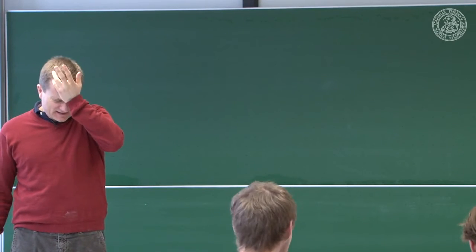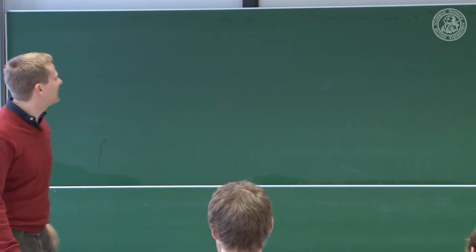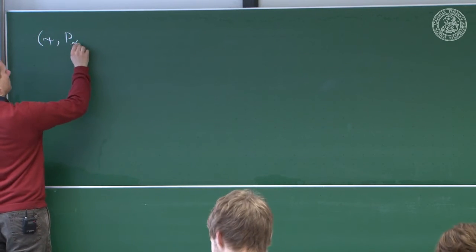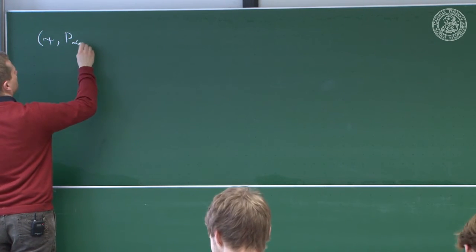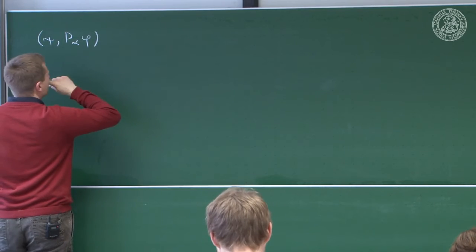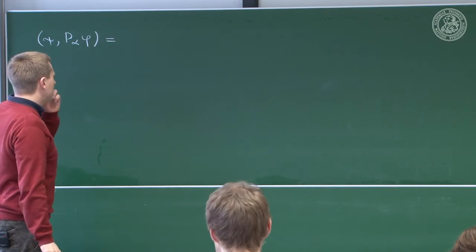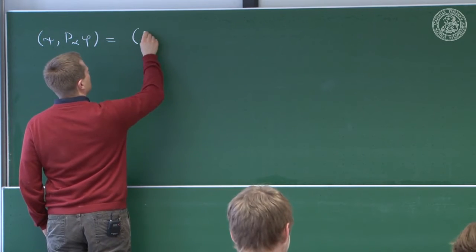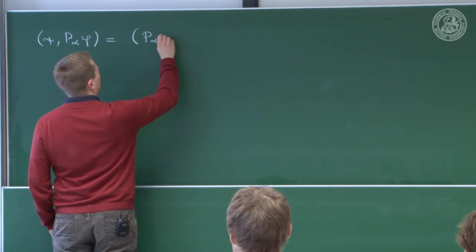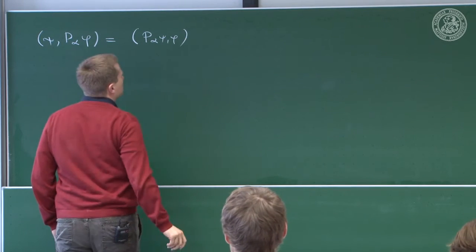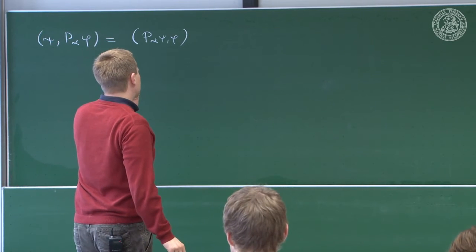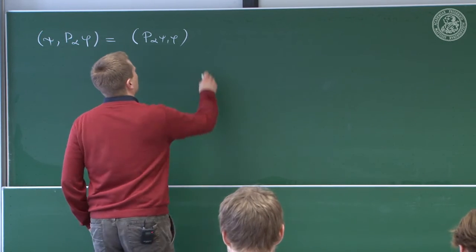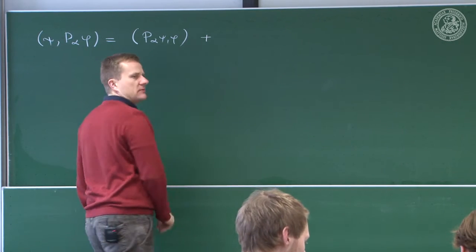In the break, I realized we just made a mistake, but you didn't realize. So we started with psi p alpha phi, and we calculated that this is something which I claimed, and that's the mistake, I claimed this was p alpha psi comma phi, and then we had 2 extra terms, and they were in principle correct. So can you tell me the 2 extra terms we had here?